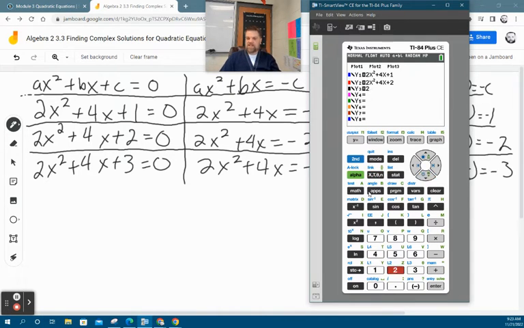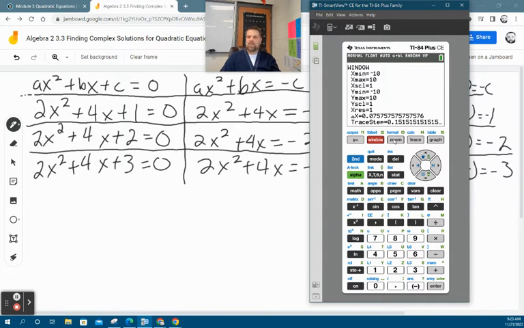Then for the next one, I'm going to say 2x squared plus 4x plus 3. And then I'm going to graph. And let's zoom in.